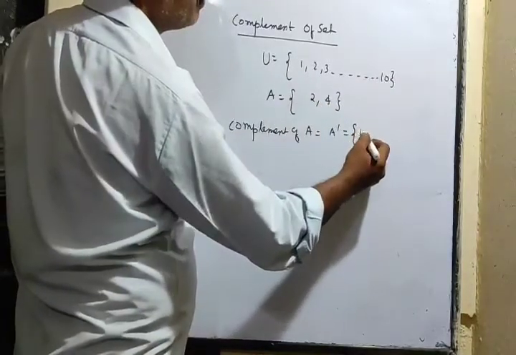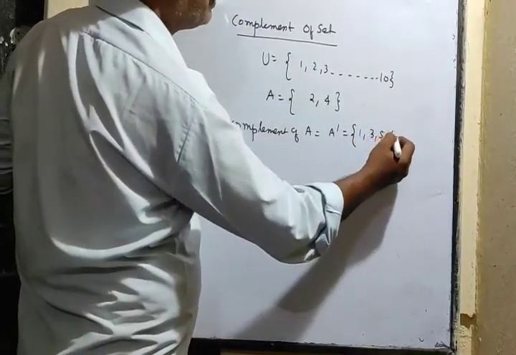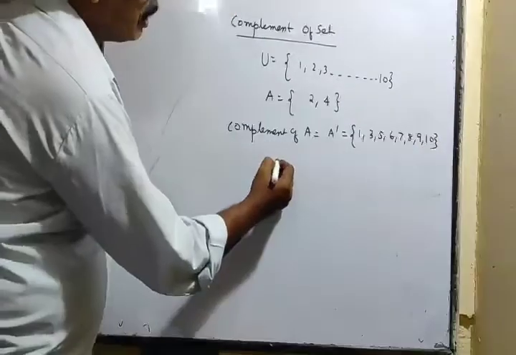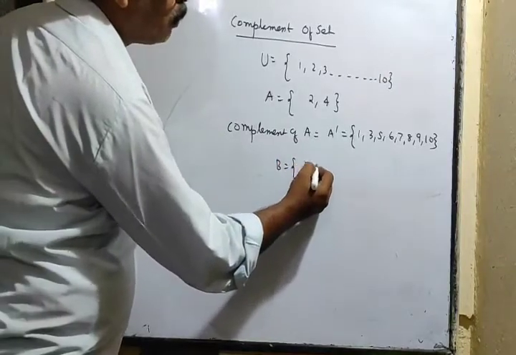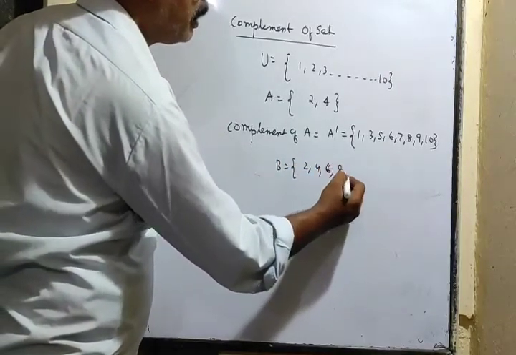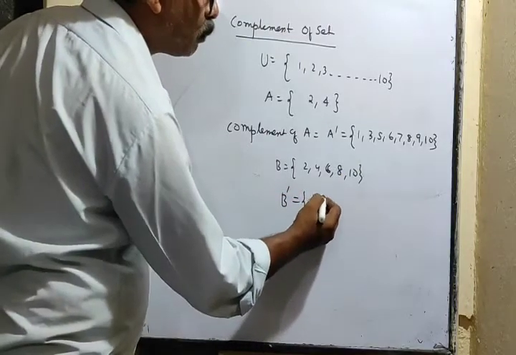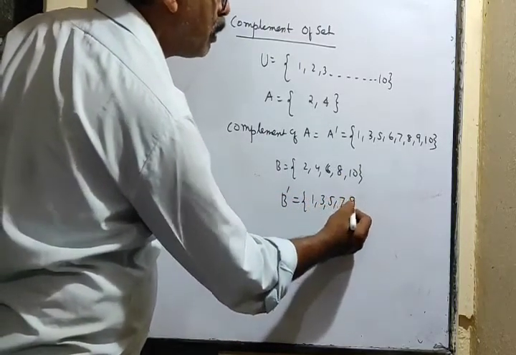So it will be 1, 3, 5, 6, 7, 8, 9 and 10. Similarly, if set B is given 2, 4, 6, 8 and 10, the complement of set B, B dash, will be represented as 1, 3, 5, 7 and 9.